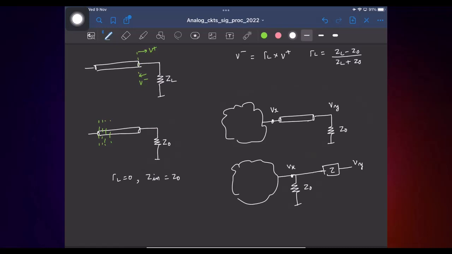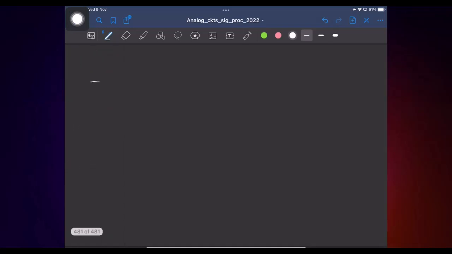Also, we saw that if you take this transmission line with the characteristic impedance Z0 and say you put any load at the end, looking into this end of the line, at t equal to 0 plus, what is the impedance? It is Z0.